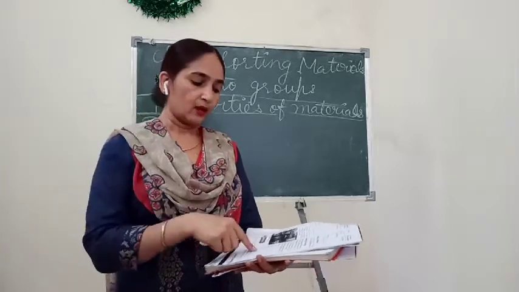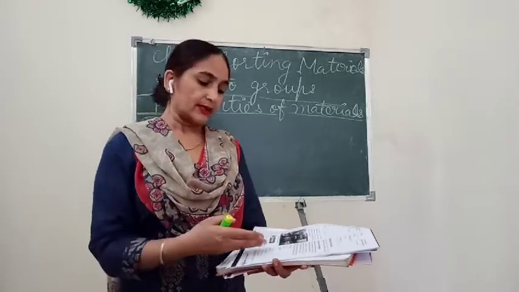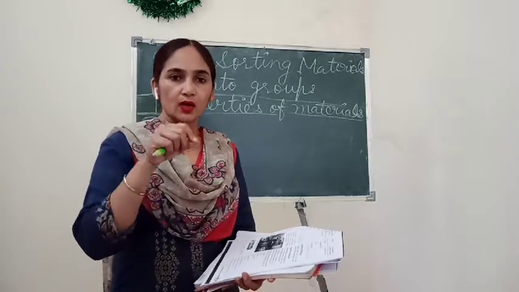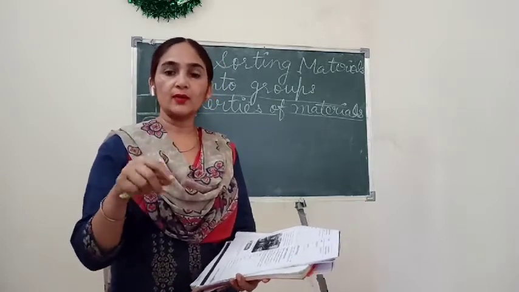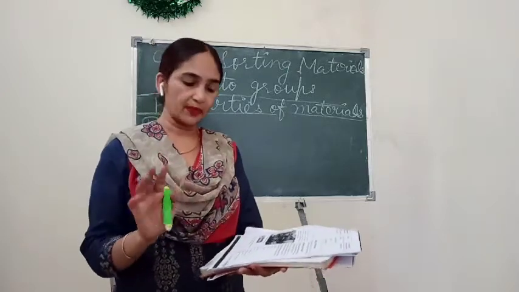Okay, and state means whether it is solid or liquid or gas. Then solubility, whether anything is soluble in water or in another liquid. Okay, on the basis of this also we can separate out the materials.